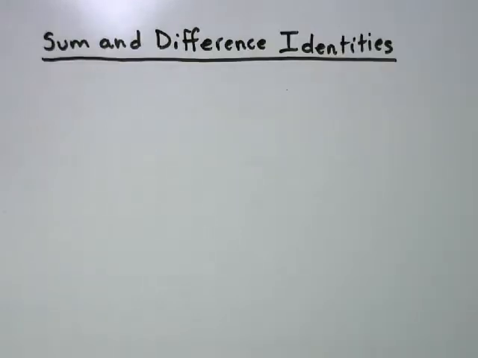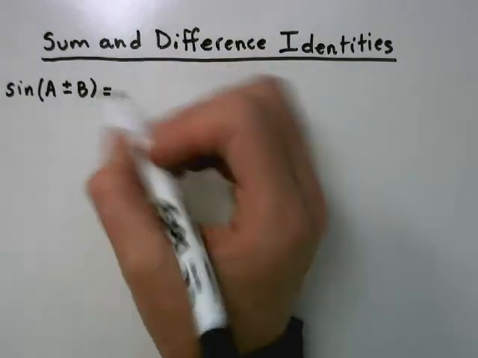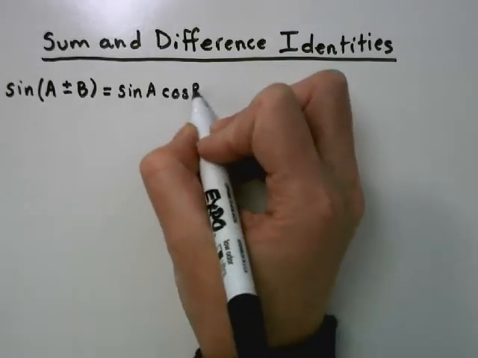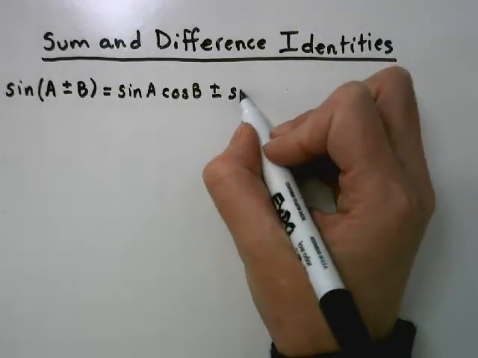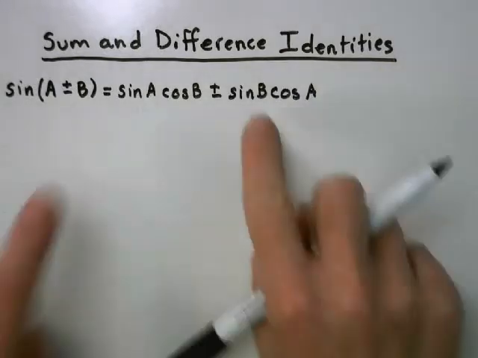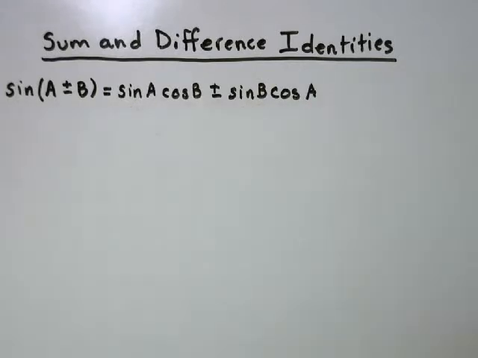I'm going to write the sum and difference identities out for you, and I'm going to do it in two different ways. So I want you to wait until they're up here and then decide which one makes the most sense to you. The sine of A plus or minus B, so I'm going to combine the sum and difference in one here, is going to be sine A cosine B plus or minus the sine of B cosine of A. So notice we've got sine and cosine and then the angles switch here.